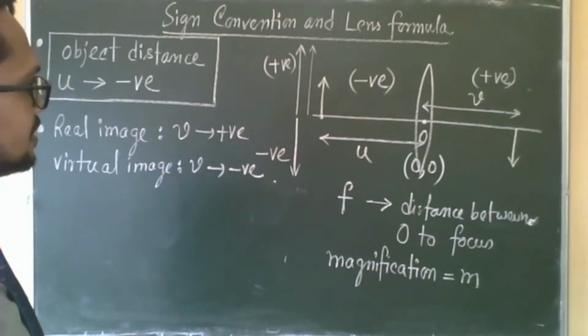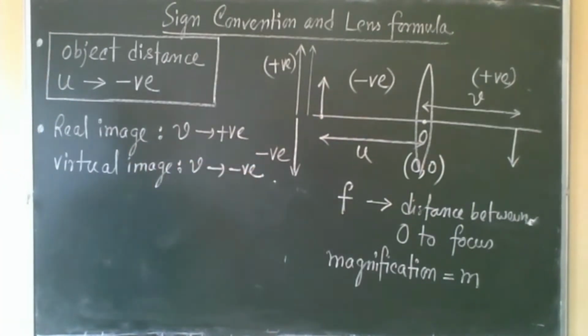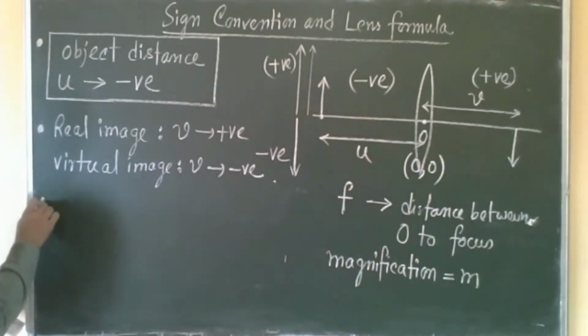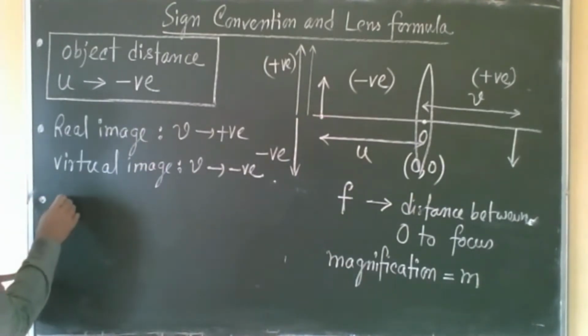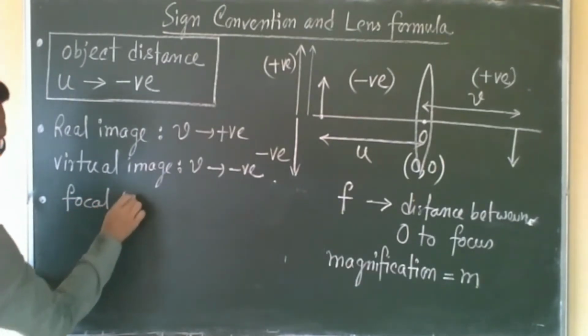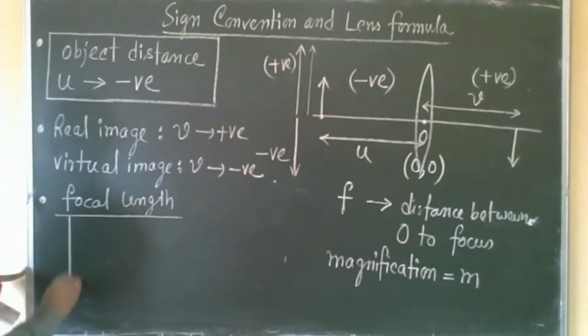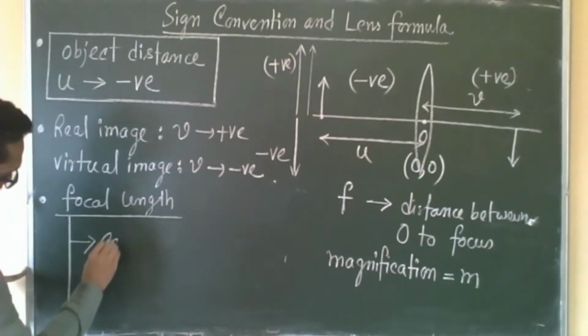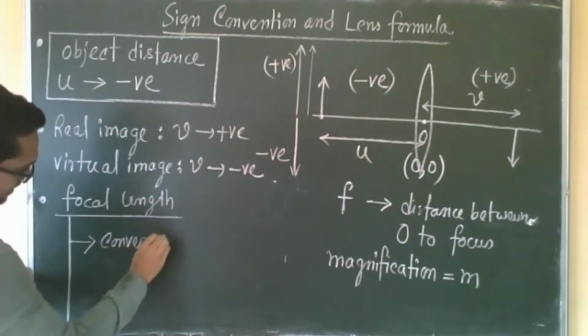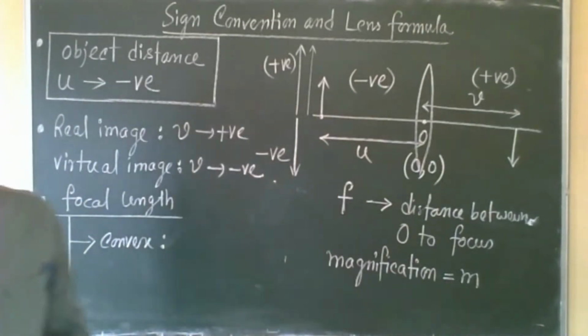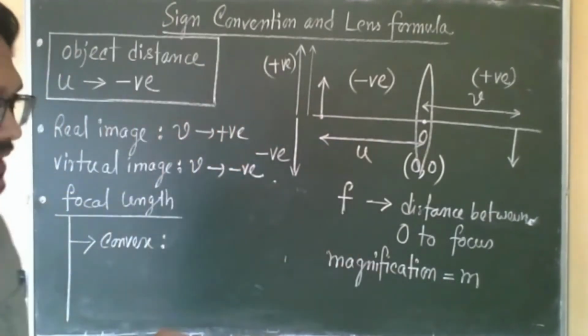Now come to focal length. Third point, focal length. Focal length means we understand the second focus. First, convex lens.